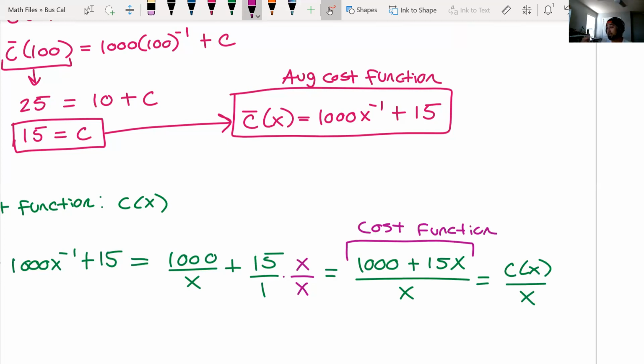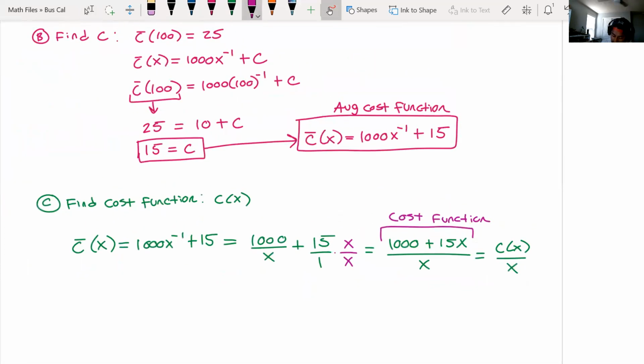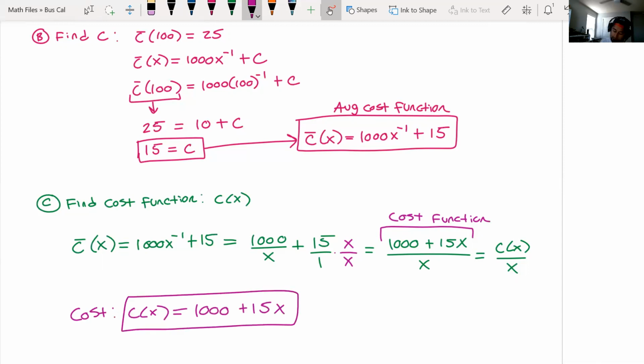C bar of X is C of X over X. So our cost function is just C of X equals 1,000 plus 15x. There it is.